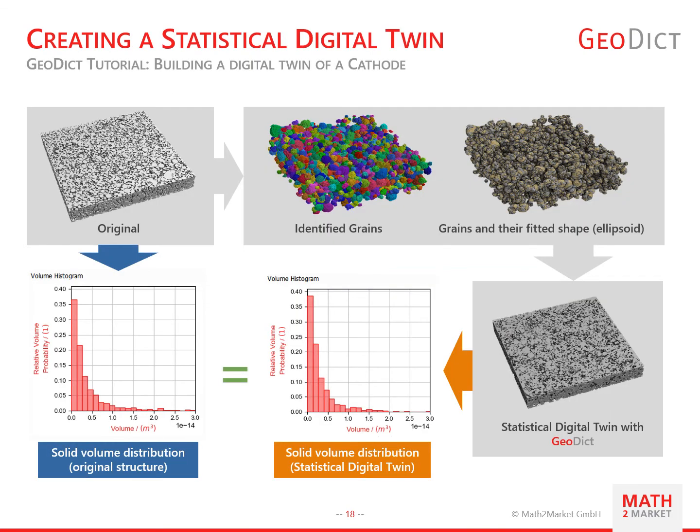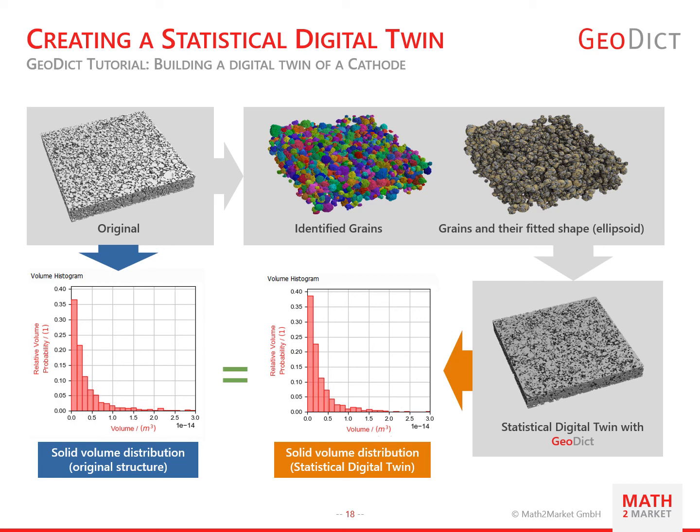And here's another application of GrainFind, the creation of a digital twin. On the top left, you see a segmented image. Next to it are the identified grains as shown before. And then there are the fitted shapes. Basically, GrainFind will create a representative ellipsoid of every grain, and they are available as analytic objects and can again be voxelized.